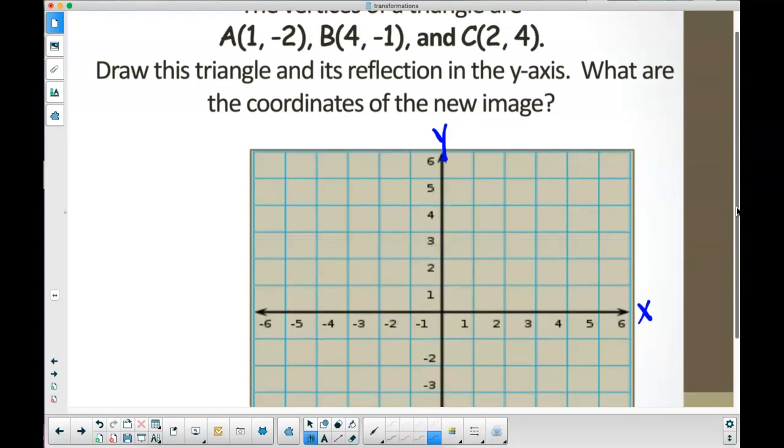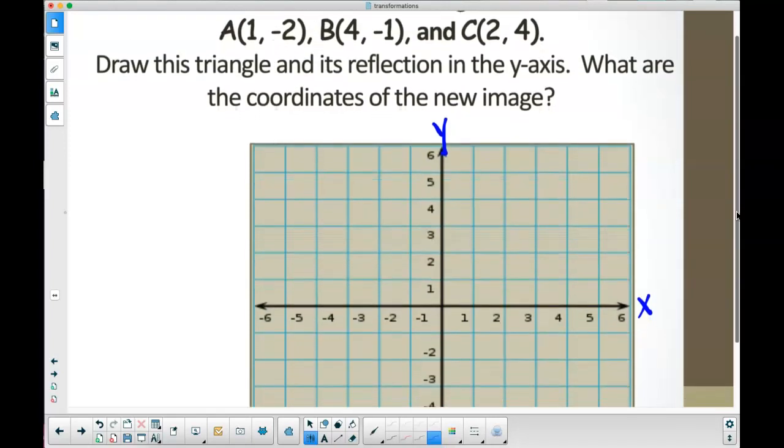So let's start with our coordinates. We have A at (1, -2). So starting in the middle, we're going to go right 1, down 2. And I'm going to label that A. B is at (4, -1).